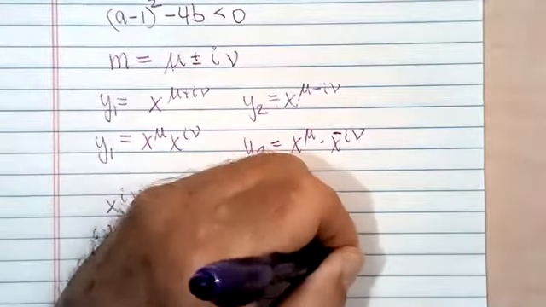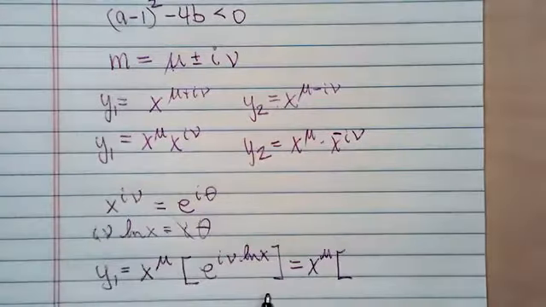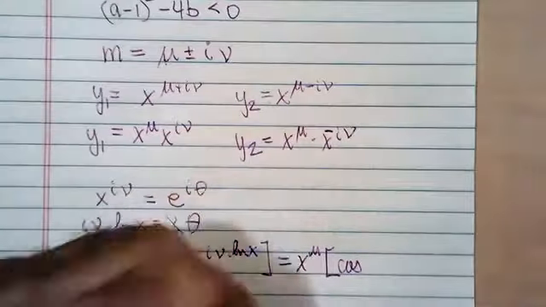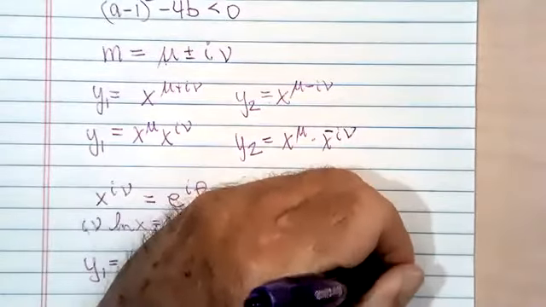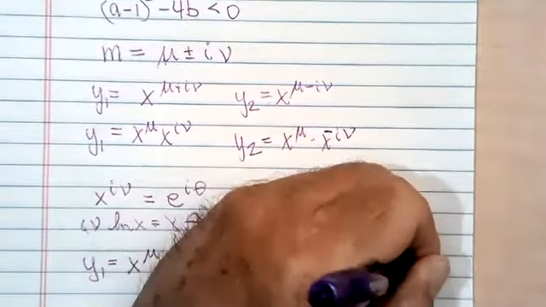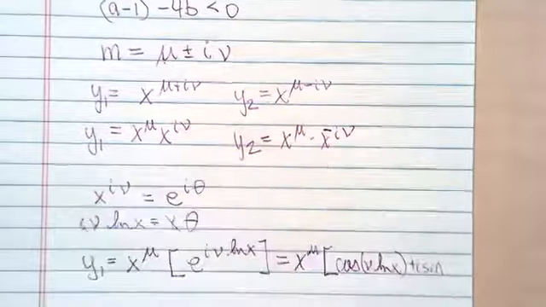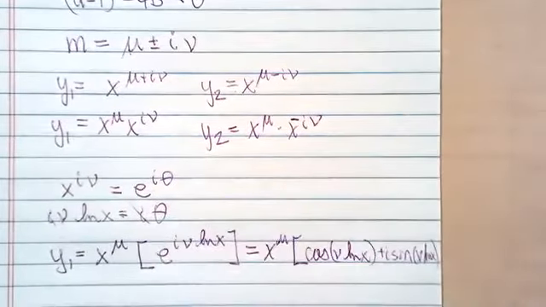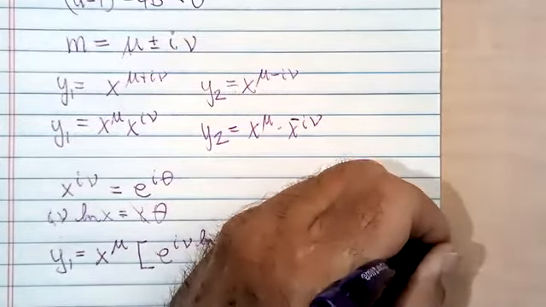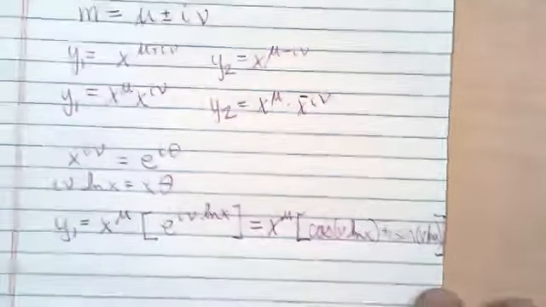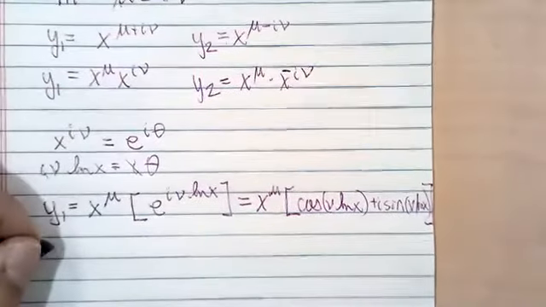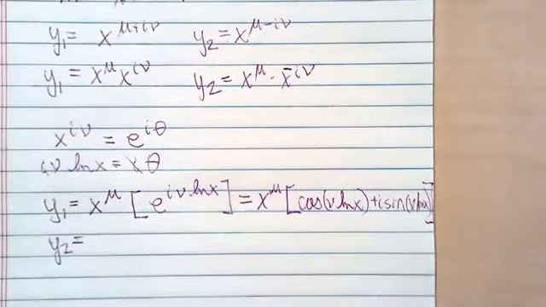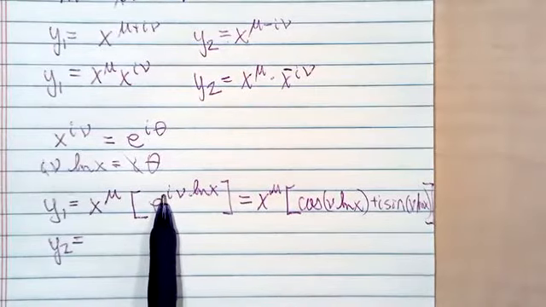X to the mu. But now we know that e to the i theta is cosine theta plus i sine theta, which is nu log x, which hardly fits. I'll write that again here in just a moment. y2 is going to be exactly the same thing, except you've got a negative up here.